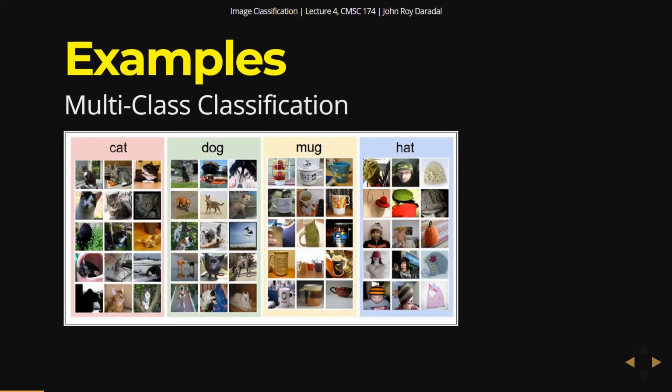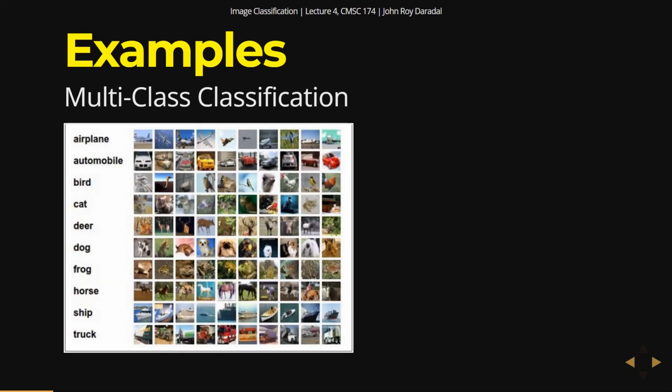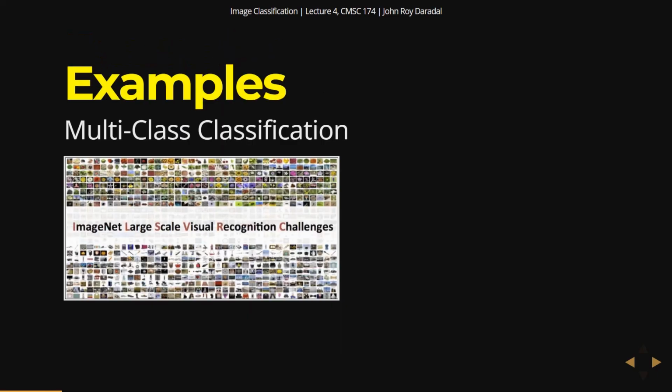Okay, it could also be multi-class, like 3 or more classes. In this one we have 4 classes, or it could be 10 classes, or it could even be more than that, like 1,000 classes. This one is already very large scale because you have 1,000 different classes for your classifier.